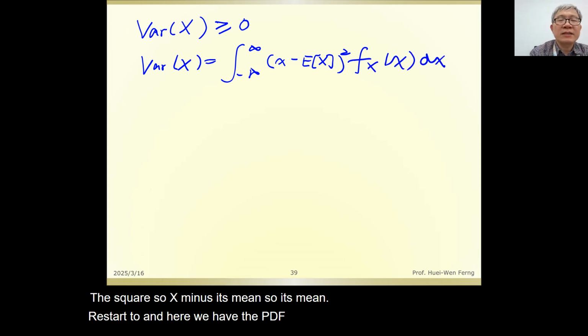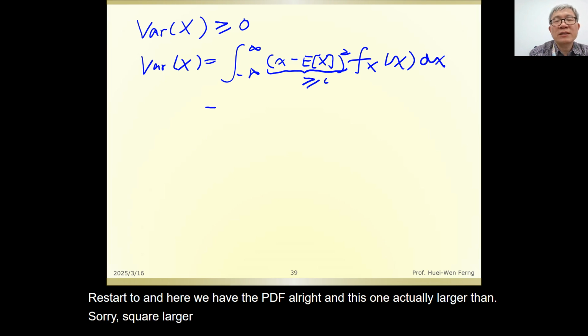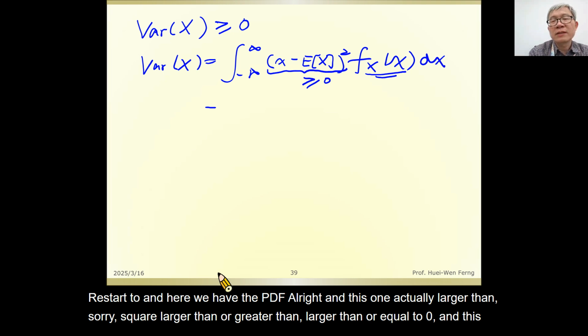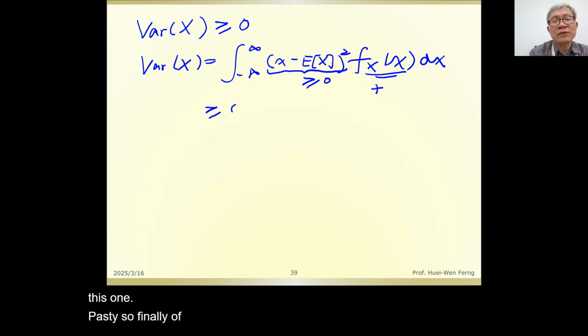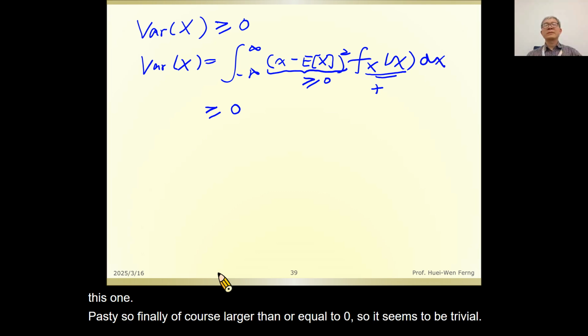This squared term is larger than or equal to 0, and the PDF is positive. So finally, of course, it is larger than or equal to 0. So it seems to be trivial. So this is the first property.